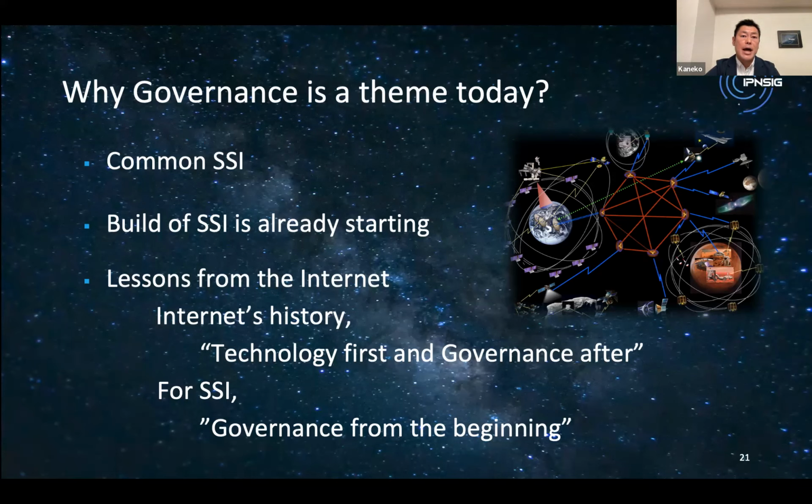So I view the internet as having been responsive to what had occurred. We want to learn from this. So for the SSI, we want to attempt to do governance from the beginning, and I think that's an important message here. Because good technology and a good governance model are the key to realizing a common SSI.